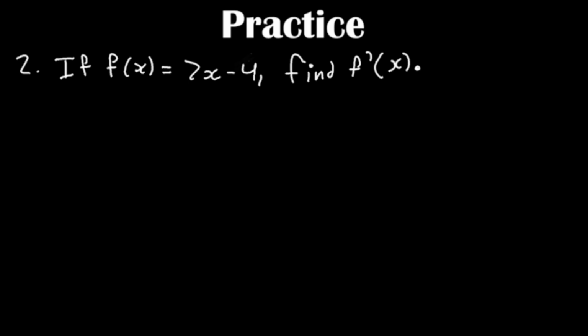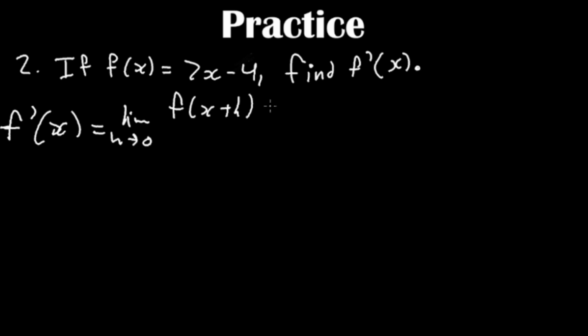So, if you're trying to find the derivative of a function, you basically always want to use this formula, which is f prime of x is equal to the limit as h goes to 0 of f of x plus h minus f of x over h.